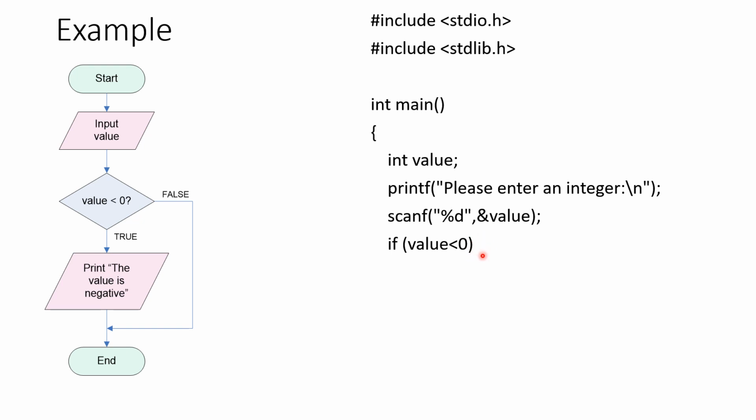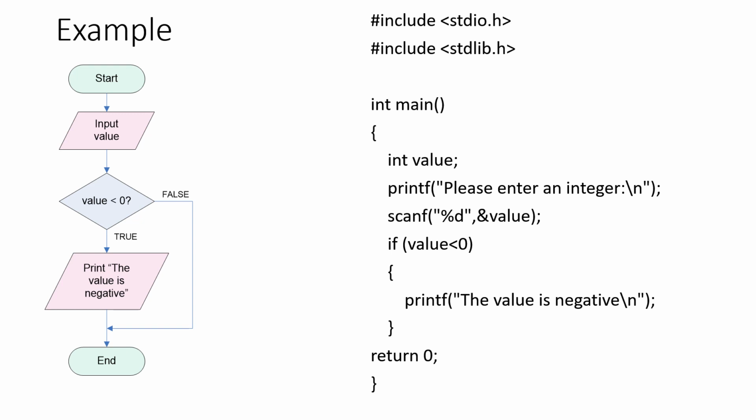Then we put the curly brackets, and inside that if block, because if it's true we're going to print the value is negative, we just put that inside the curly bracket block. So if value less than 0, we printf the value is negative. And then we close our if block and we finish our program.